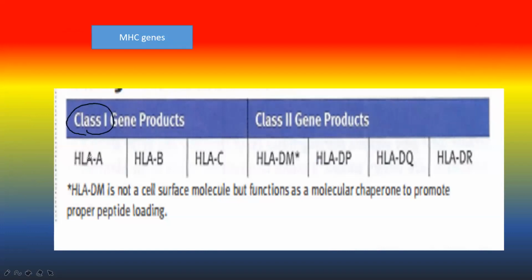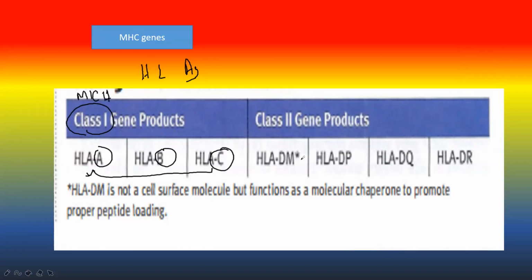For class 1, we have 3 genes: human leukocyte antigen, H for human, L for leukocyte, A for antigen. Human leukocyte antigen A, human leukocyte antigen B, human leukocyte antigen C. We have 3 genes for class 1 MHC.